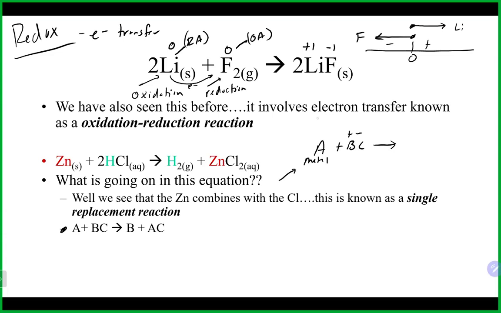In this particular case, the metal is all by itself, which means it does not have a charge, but it will then go in and kick out the positive guy. That's because metals, when they do make a charge, become positively charged. When it does so, that metal will gain a positive charge and make a new ionic compound. And whatever it kicked out will come out with no charge. And this is a single replacement reaction.